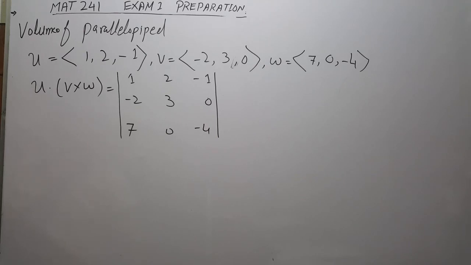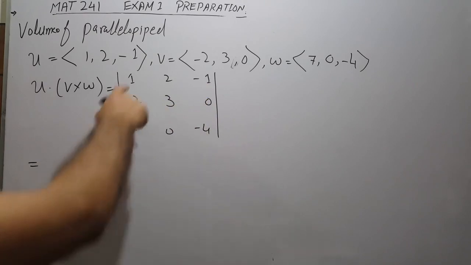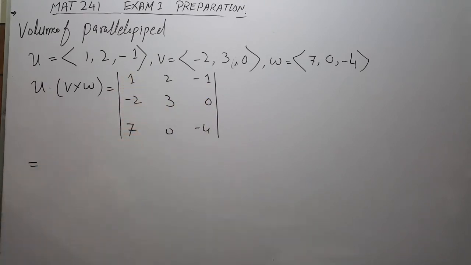Usually you can find a determinant with either a row or a column, but we choose the one which has zeros. If you don't want to choose that one, that's okay.